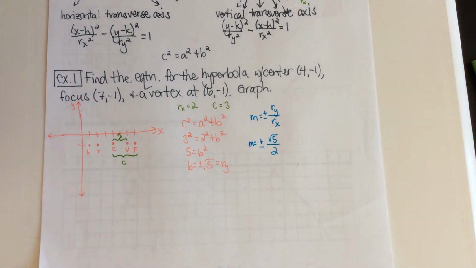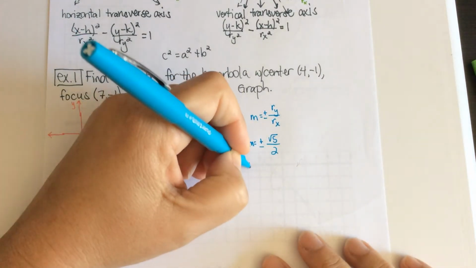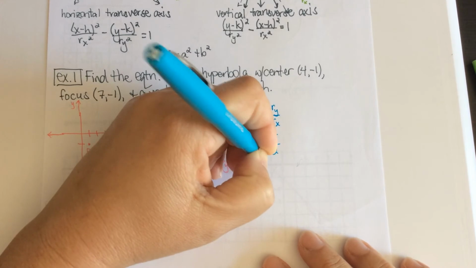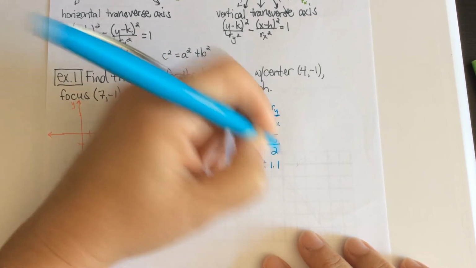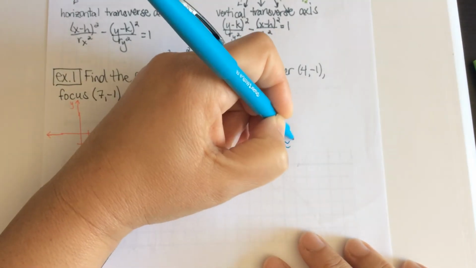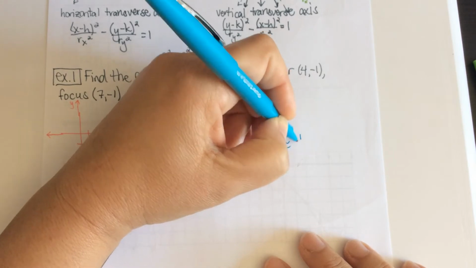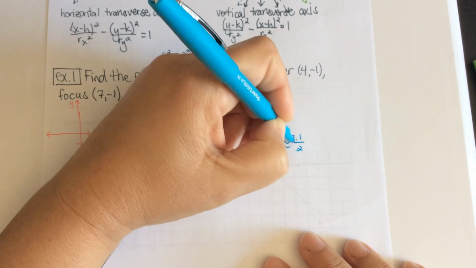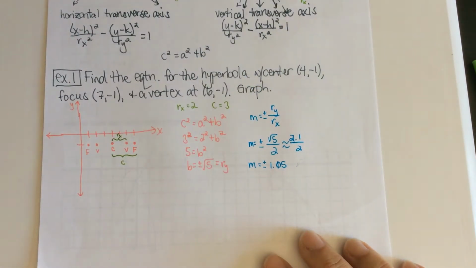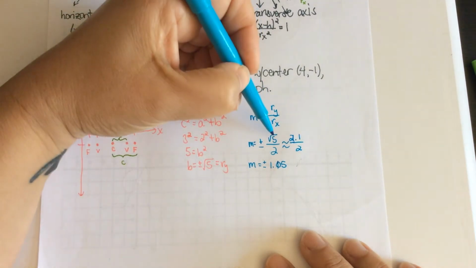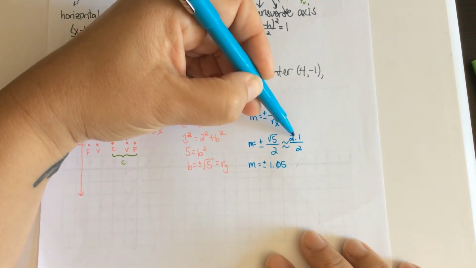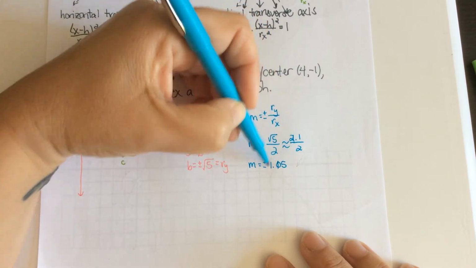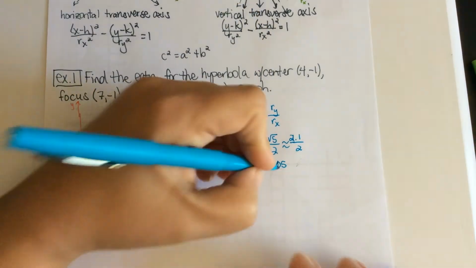So that means rad 5 is slightly larger than 2. So this is just a little bit larger than 1. I could put 2.1 over 2, and then this would be 1.05 if I wanted to do that. So rad 5 divided by 2 gives me something slightly larger than 1.